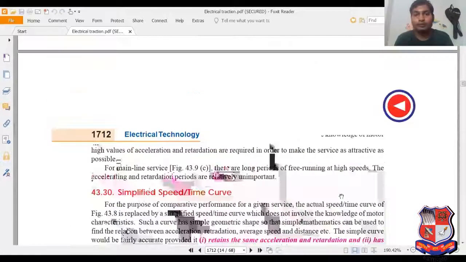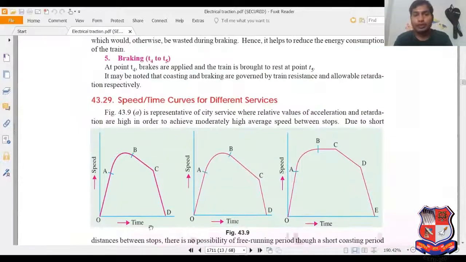Same way, the speed time curves for urban service lines and suburban service lines can be simplified to quadrilateral speed time curves. What are quadrilateral speed time curves? Let me show you.